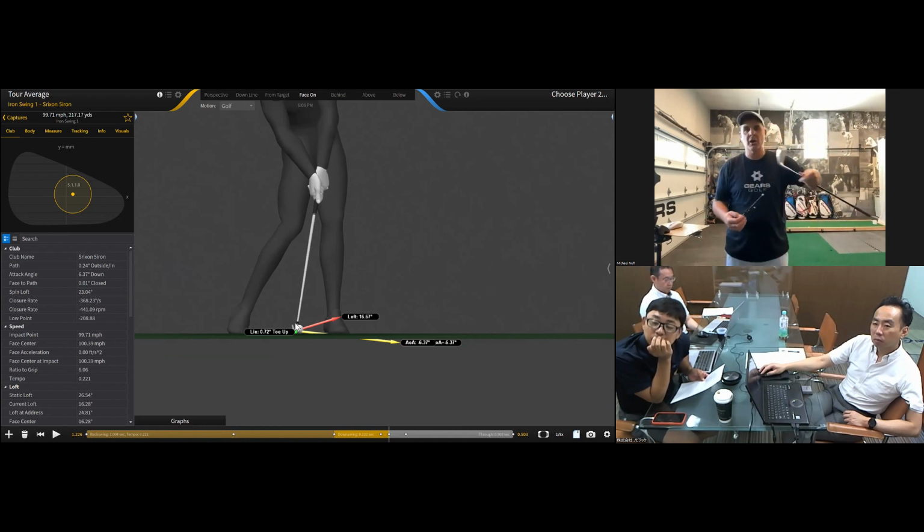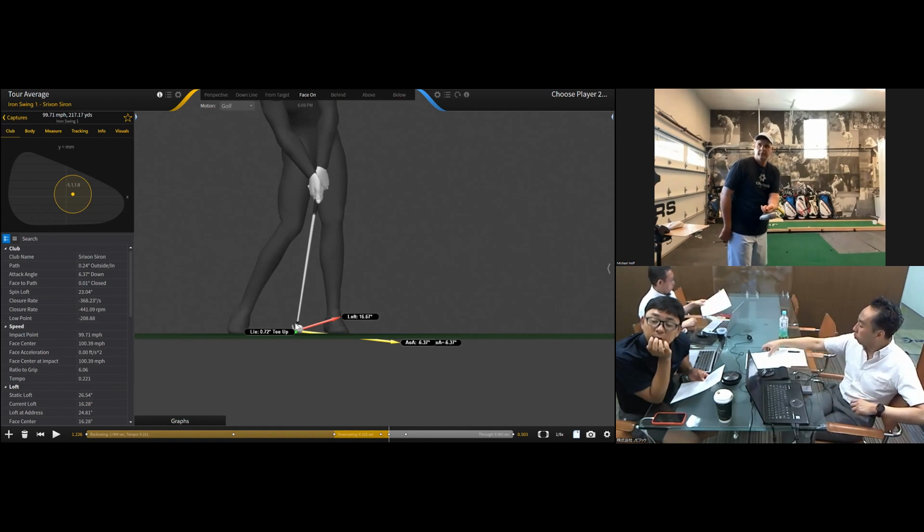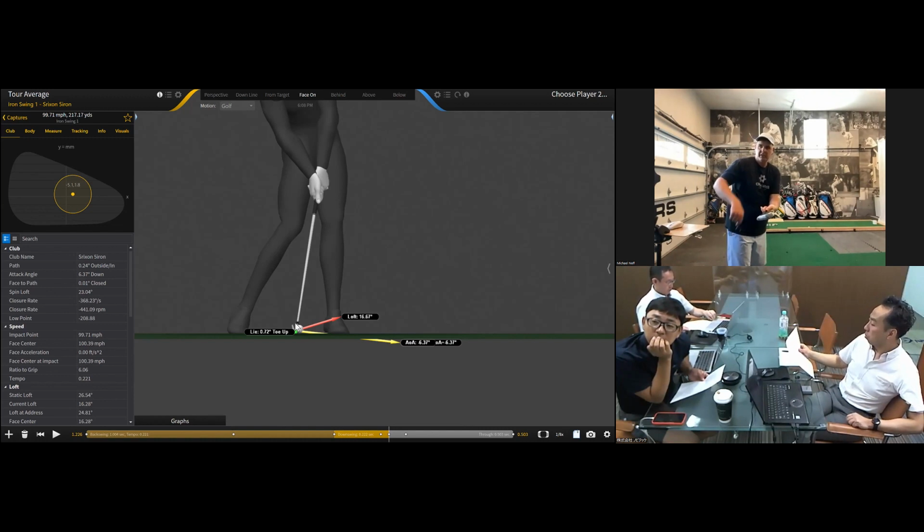So we show you the loft. For example, here you're going to say, oh, the loft is down. Well, in relation to the ground, yes, it is. But in relation to itself, it's actually not. We view this as low loft because it's closed, but technically to itself, it still has 30 degrees of loft.